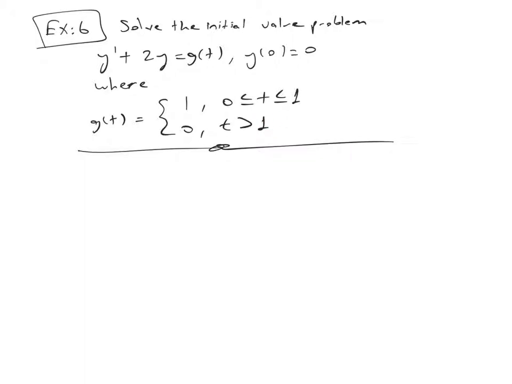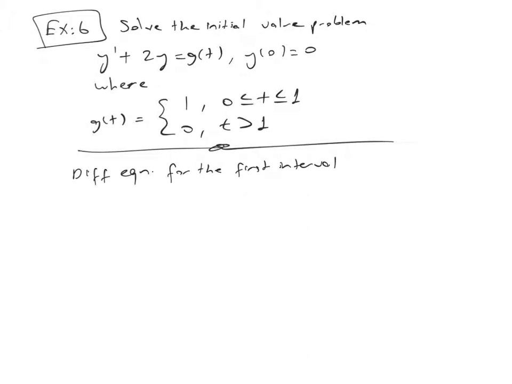As you see, there is a jump discontinuity in g of t where t is equal to 1. And let's solve this differential equation for the first time interval.